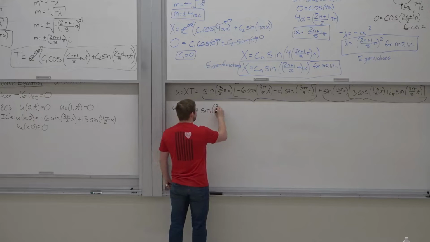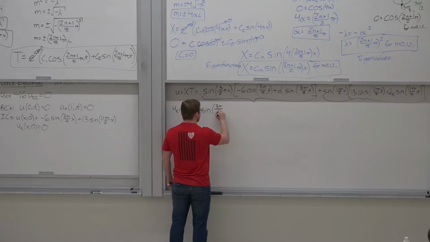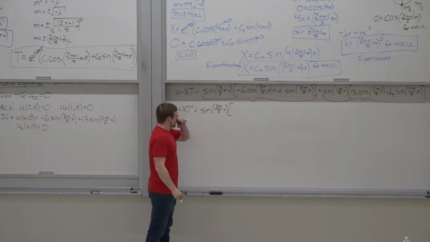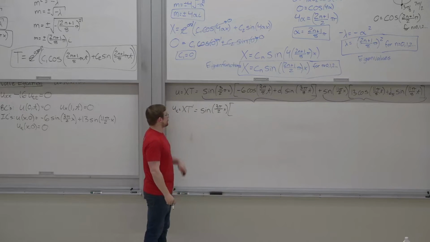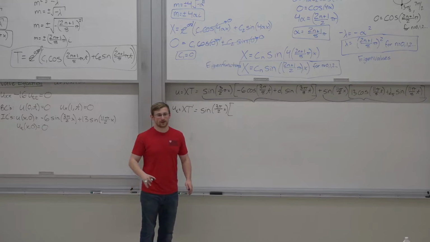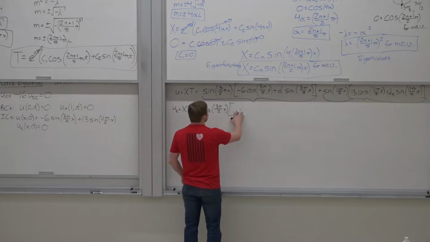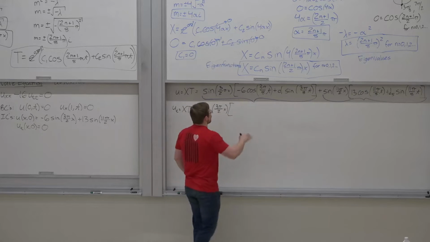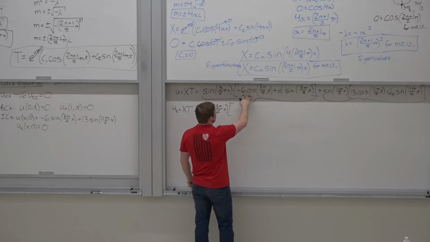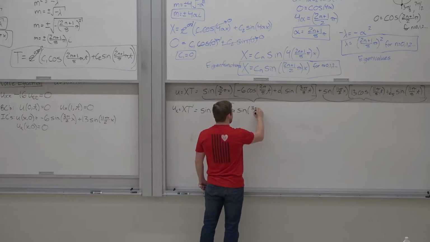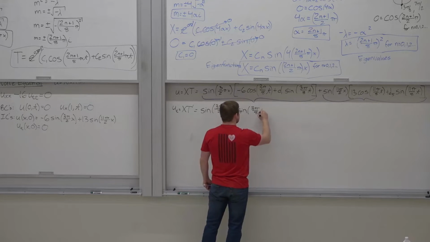And I have sine of 3 pi over 2 x times the derivative of, so I could skip steps and make it quicker here, but I'm not because you guys are going to get confused. So I'm not going to skip steps. I take the derivative of this, and the derivative is going to be a sine of 3 pi over 8 t.